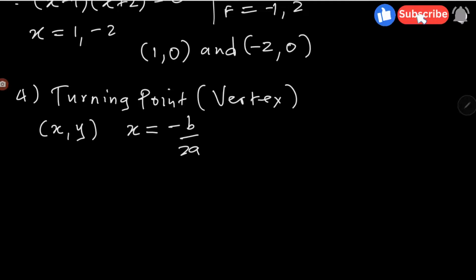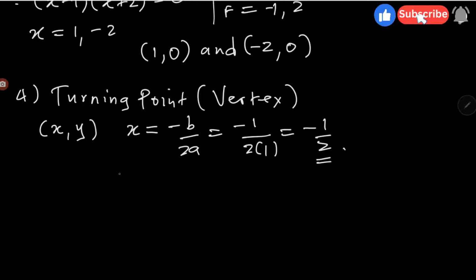So from our equation, this is equal to minus b, the coefficient of x, which is 1, over 2a, where a is 1 in this case. So we have minus 1 over 2. That's our x value.